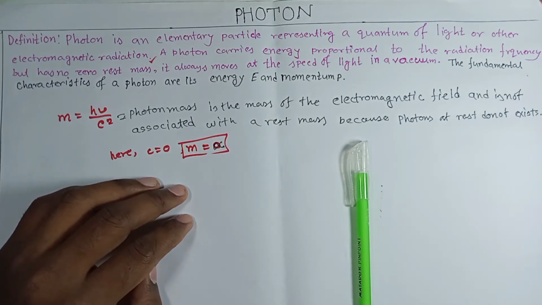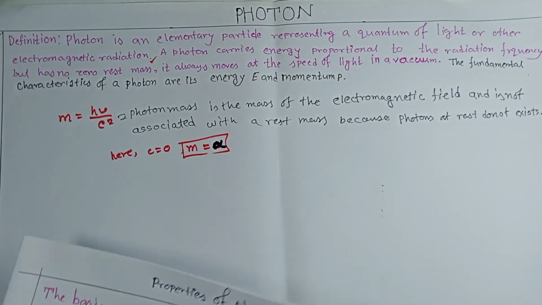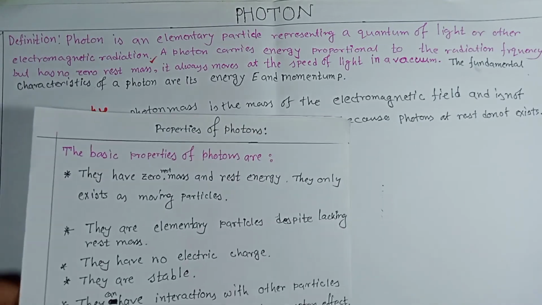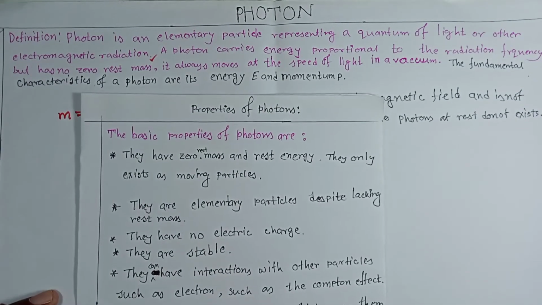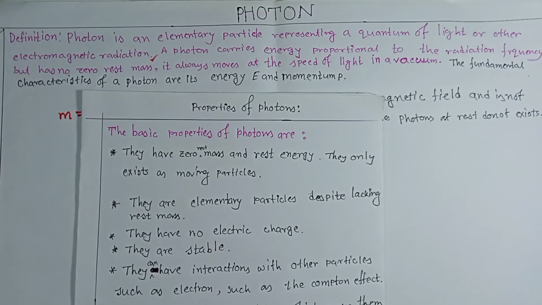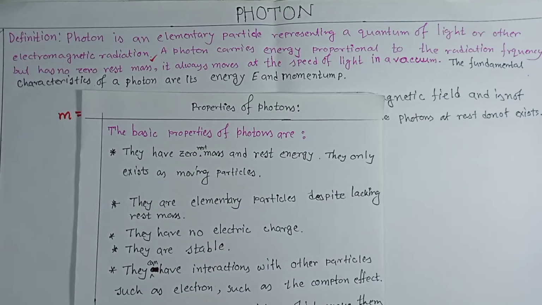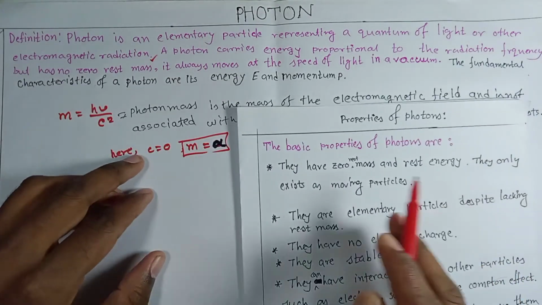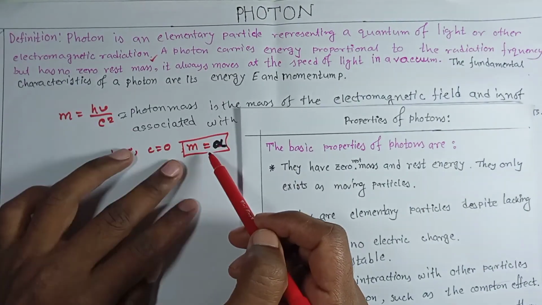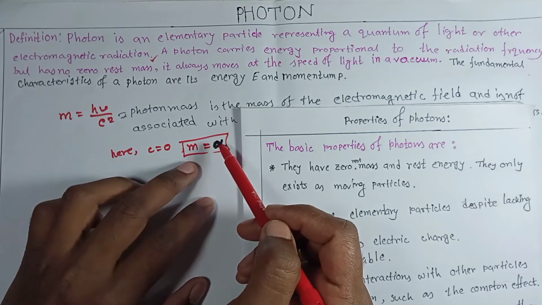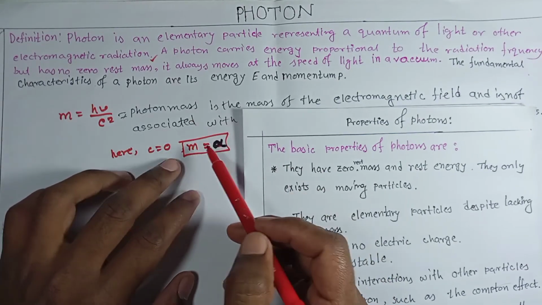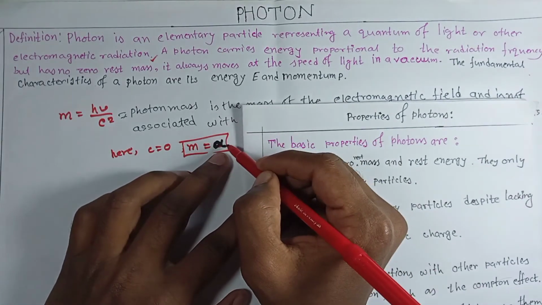Now we discuss the properties of photons. The basic properties of photons are: they have 0 rest mass and rest energy. They only exist as moving particles. Here we see that when c is equal to 0, m tends to infinity, which cannot be true.